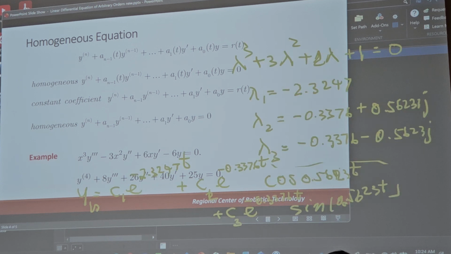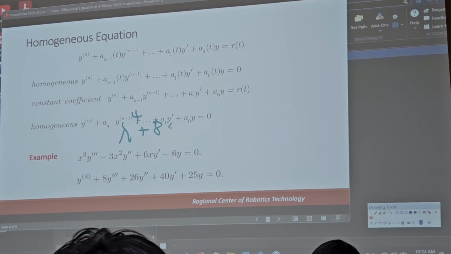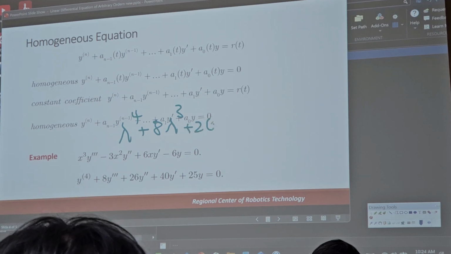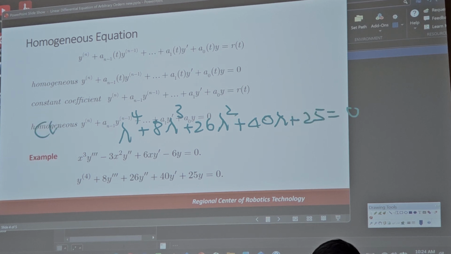For example, for this one, your characteristic equation will be lambda 4 plus lambda 3 plus 26 lambda 2 plus 40 lambda plus 25 equal to 0. This is a characteristic equation.